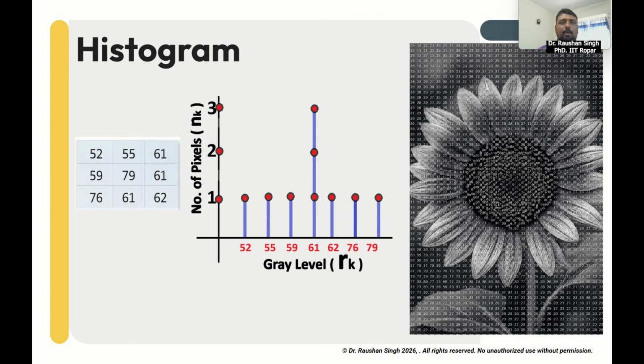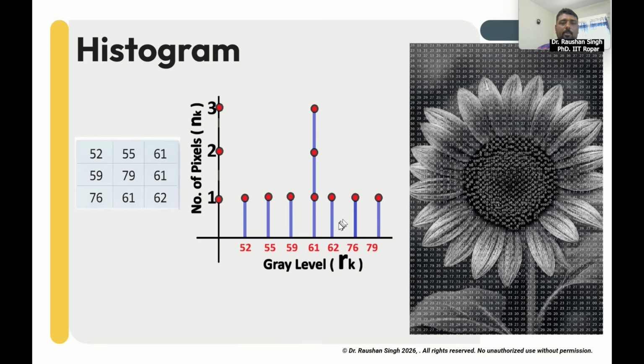So what is a histogram? It basically represents how many times each pixel value came in the complete image. For example, you can see here 52 comes how many times? Only one time, so we'll represent it one time. Then 55 comes one time. Then 59 comes one time. But 61, you can see it came three times: 1, 2 and 3, so we'll represent it three times.